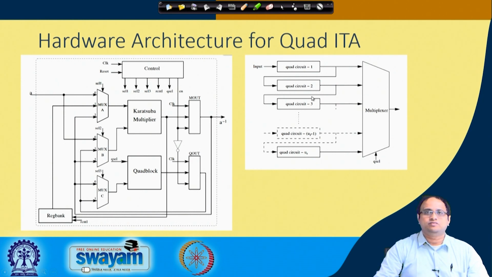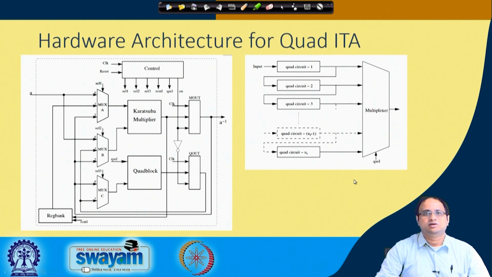However, if the number of quadings is more, then I need to take this output, feed it back and cycle it, so I need to spend more than 1 clock cycle. How many clock cycles? Exactly as we have seen, the number of quadings divided by US, and I take a ceiling of that. That gives me the approximation of the number of clock cycles I will incur.